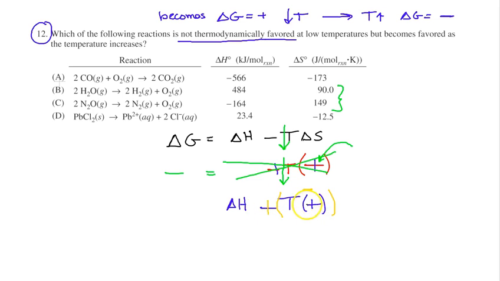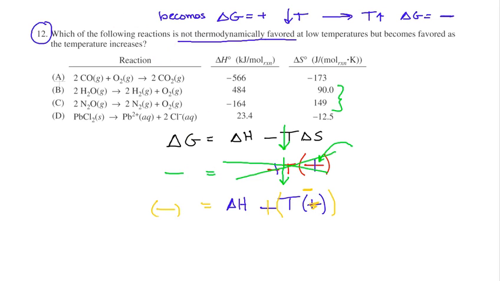By making this plus a negative, we notice the value of a positive delta S, which is favorable for the system's entropy anyway. This now becomes plus a negative, which means just based on what I have here, delta G is negative.